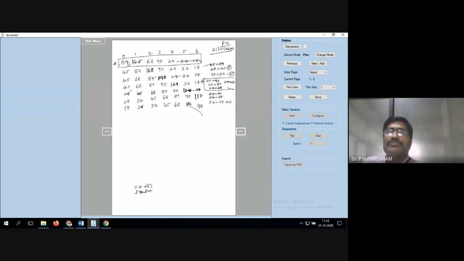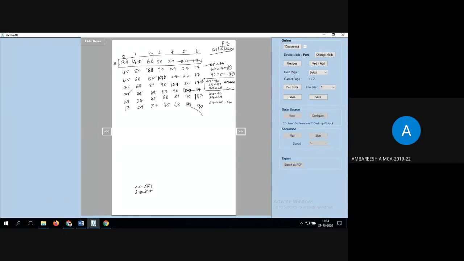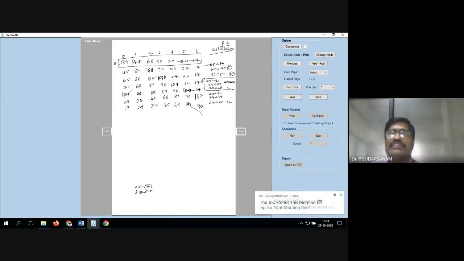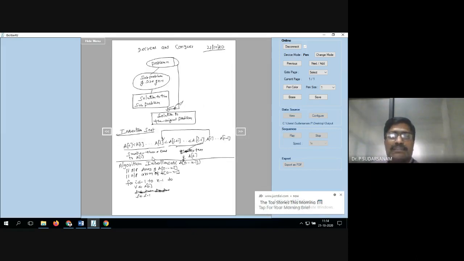Zero location. For example, if you take 17, 1, 2, 3, 4, 5, 6, 7, so up to 0. So you put this into the loop: while J is greater than or equal to 0.